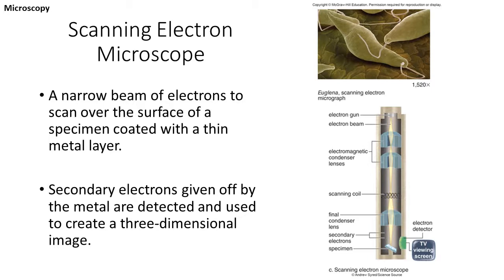If you remember, we talked about oxidation and reduction, and that electrons can be removed from an atom. The narrow beam of electrons flows through a scanning electron microscope.